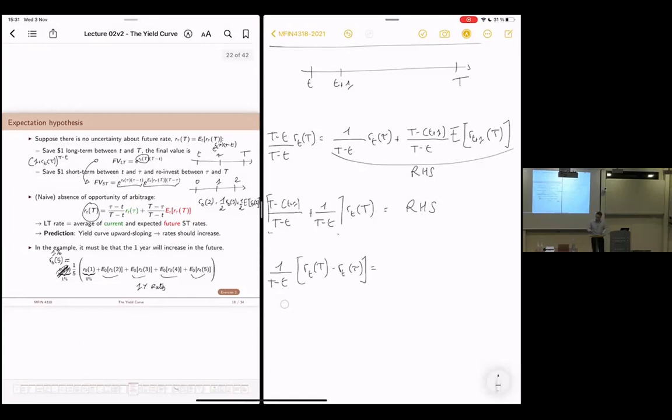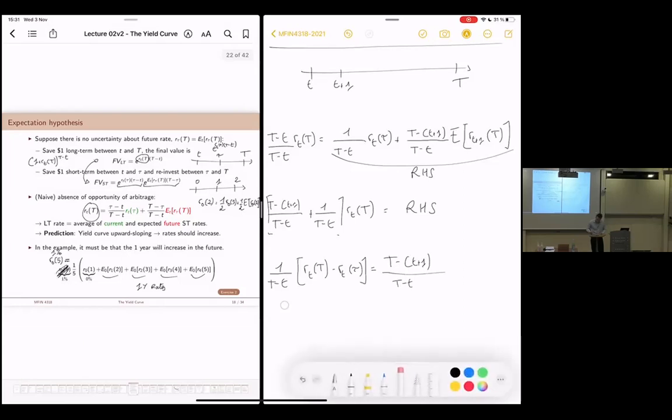I'm just putting them on the same side. I'm going to do the same thing with the two terms that are multiplied by big T minus t plus 1 over big T minus t. Here I get big T minus t plus 1, t minus t, and that's multiplied by the expectation.